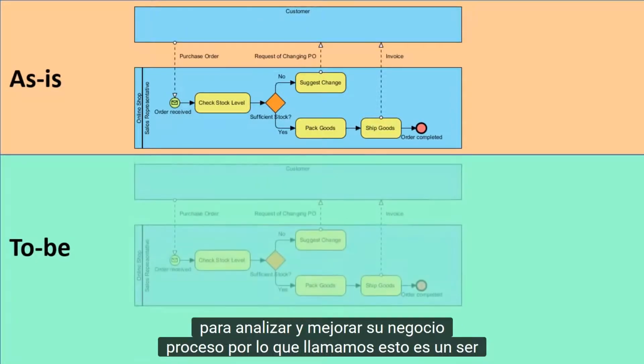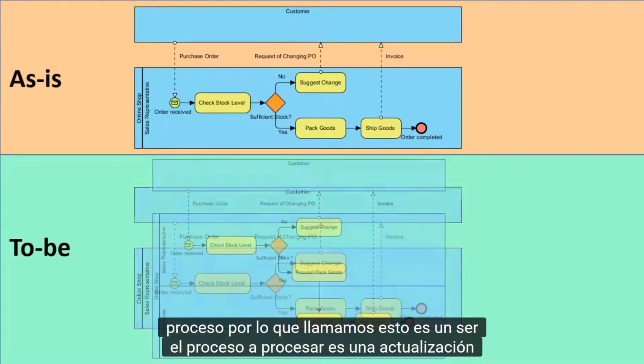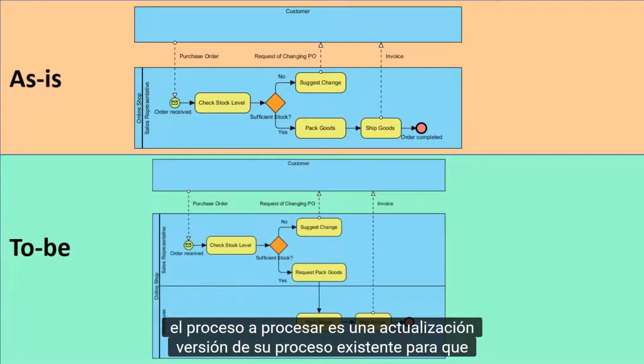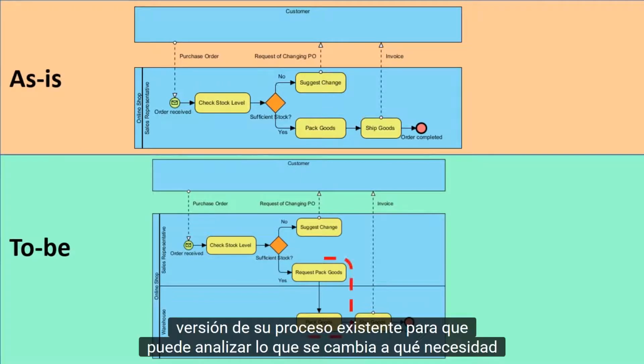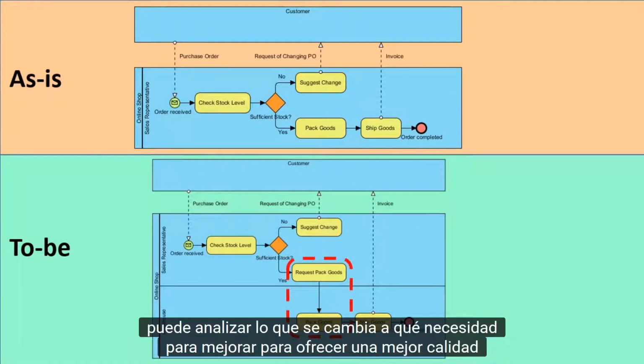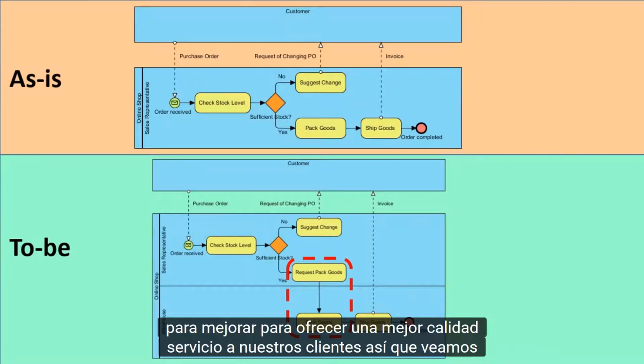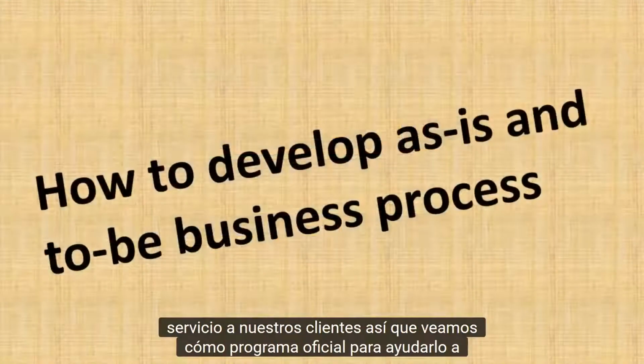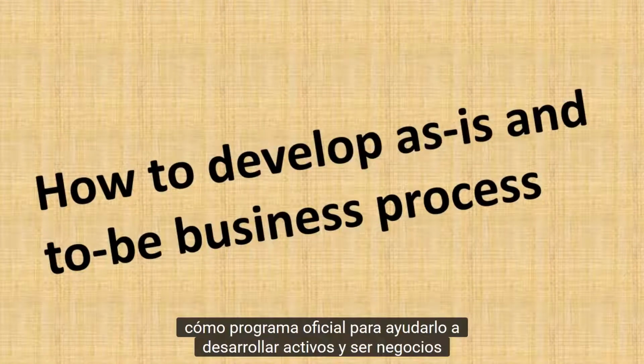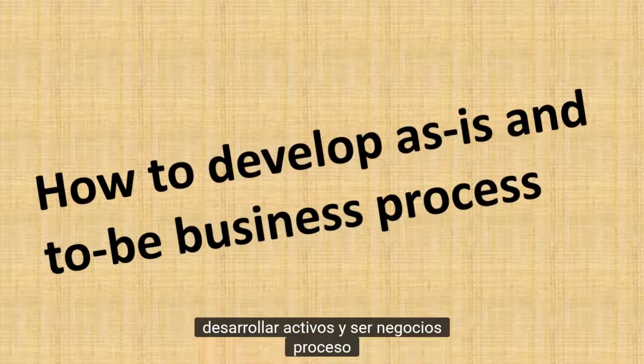So we call this a To Be process. A To Be process is an upgraded version of your existing process. So you can analyze what is changed, what needs to be enhanced to offer better quality service to our customers. So let's see how Visual Paradigm can help you to develop As Is and To Be business processes.